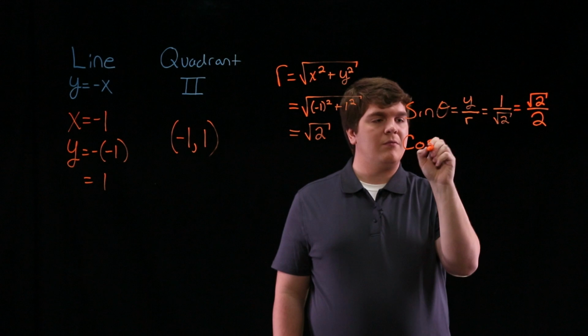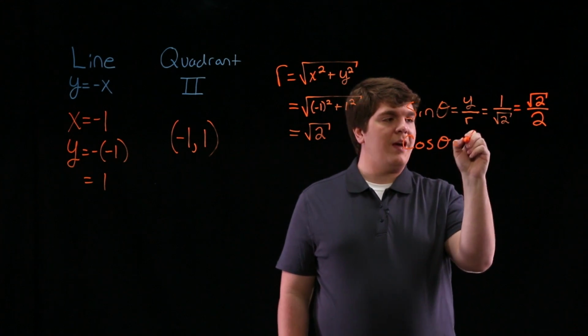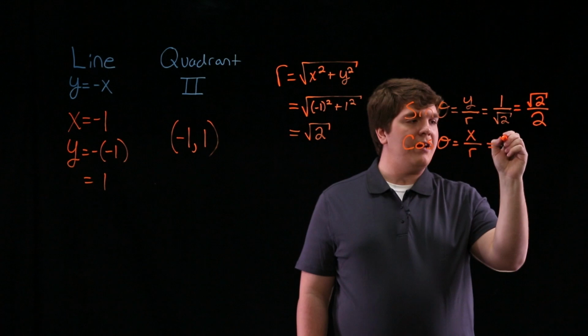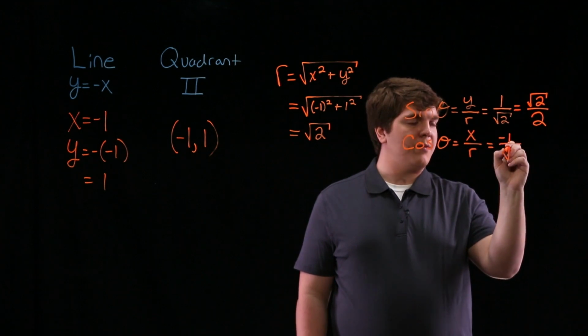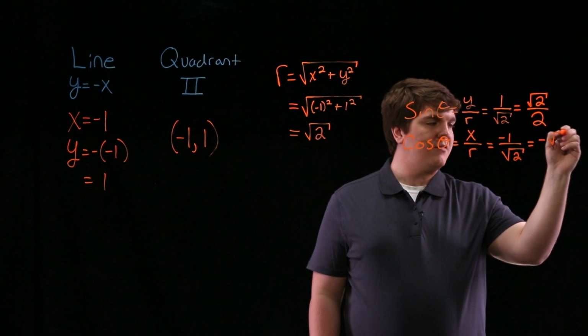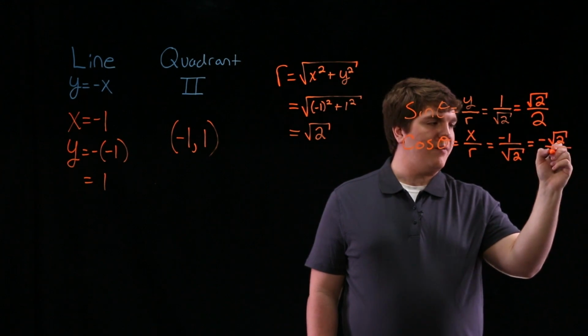Cosine of theta is equal to x divided by r, which is equal to negative 1 divided by the square root of 2, which is equal to negative square root of 2 divided by 2.